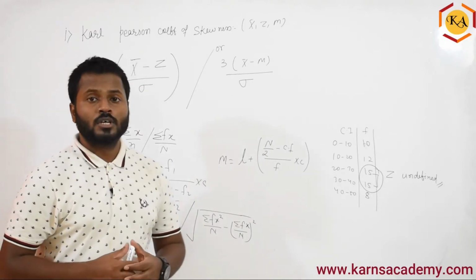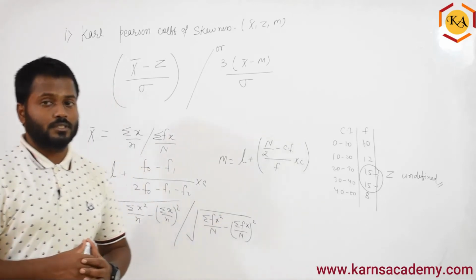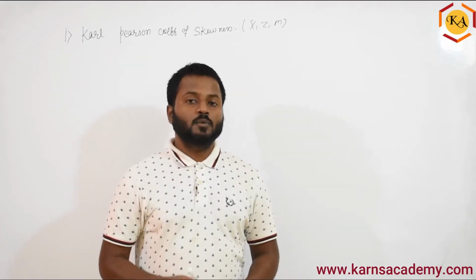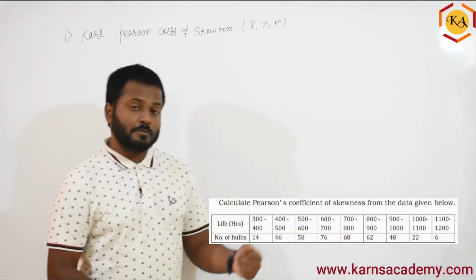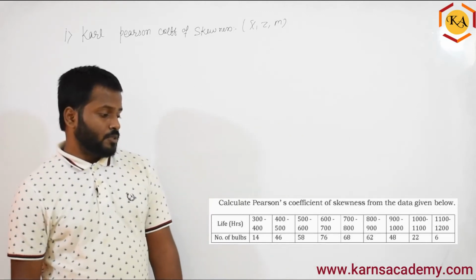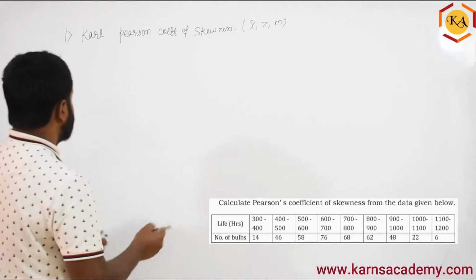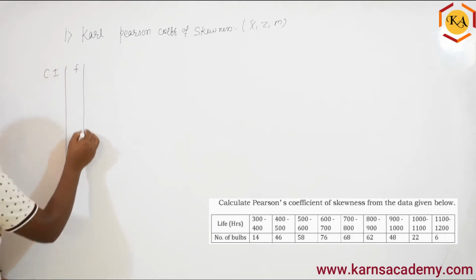So pause the video, write down the formula, and then we will see one or two problems based on it. Let's see one problem based on the Karl-Pearson coefficient of skewness. The problem displayed on your screen says: calculate the Pearson coefficient of skewness from the following data, and they have given the class interval and the frequency.